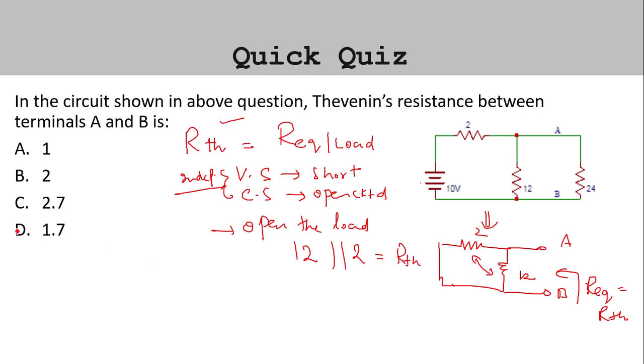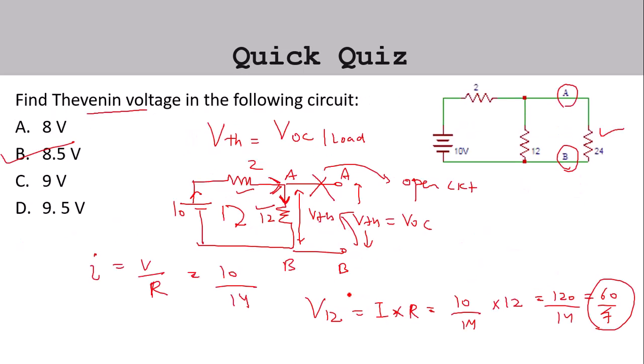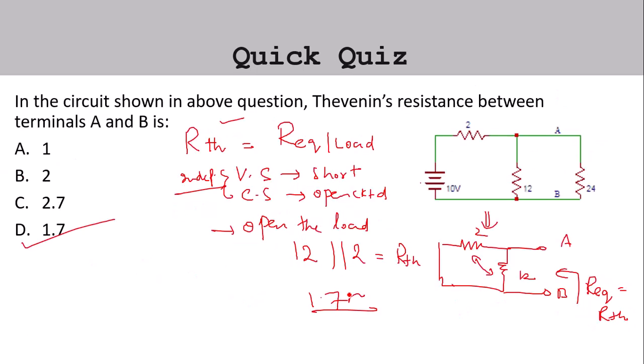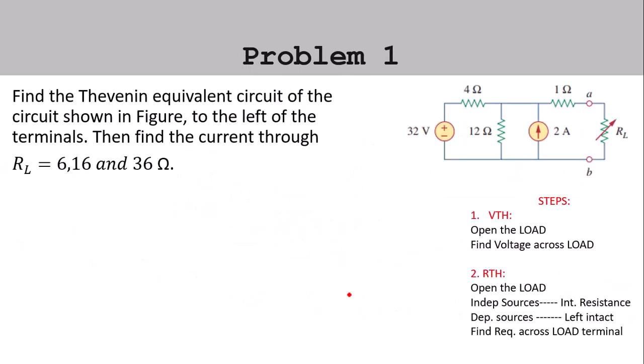So this value should come around 1.7 ohm. So with these two basic questions, we understood how to calculate the VTH, how to calculate the RTH. Now we will do one very broad question where we have to find again the VTH, the RTH, the equivalent circuit. So these things we need to find out in this particular question.